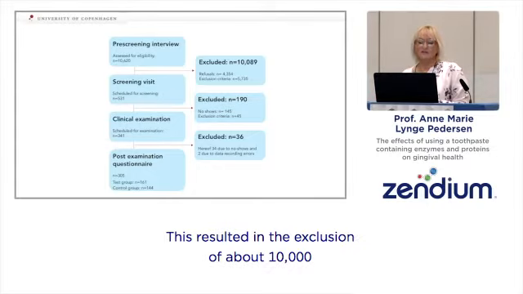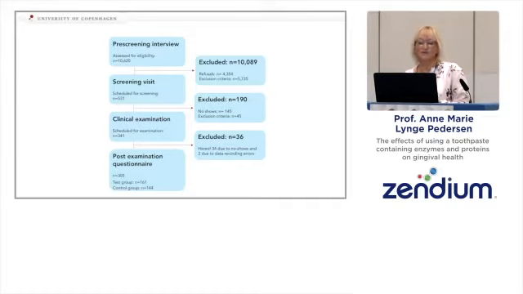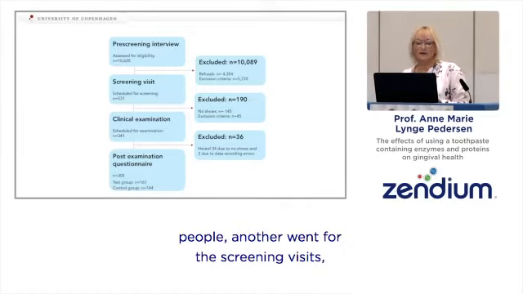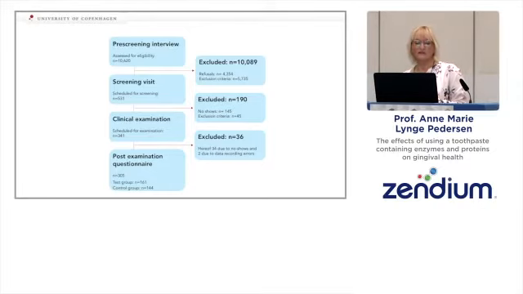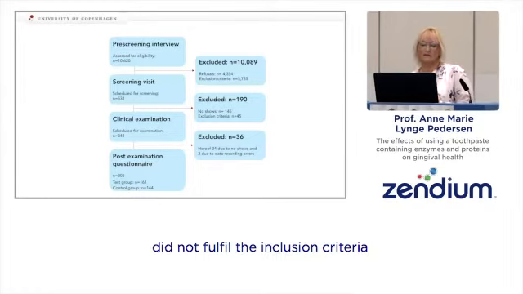This resulted in an exclusion of about 10,000 people. Another 531 people went for the screening visits. So they were scheduled for the screening, and some just didn't show up, and some did not fulfill the inclusion criteria.